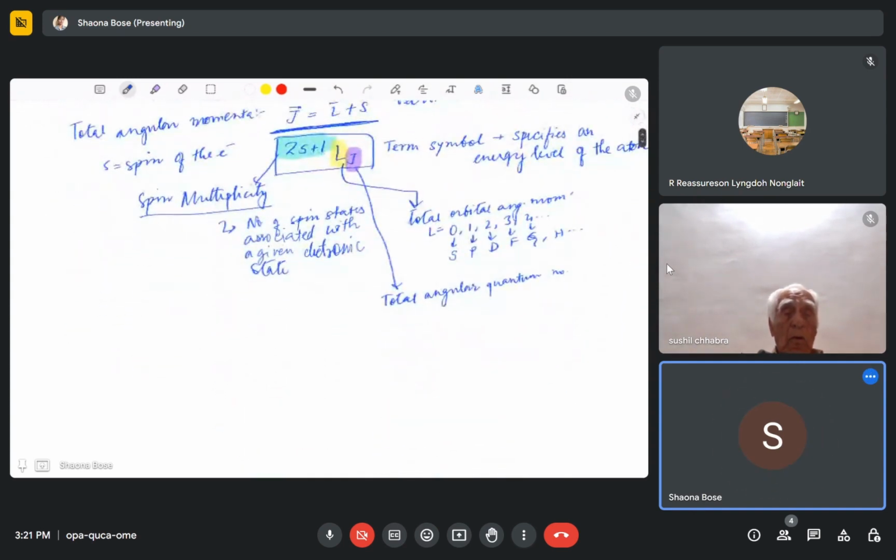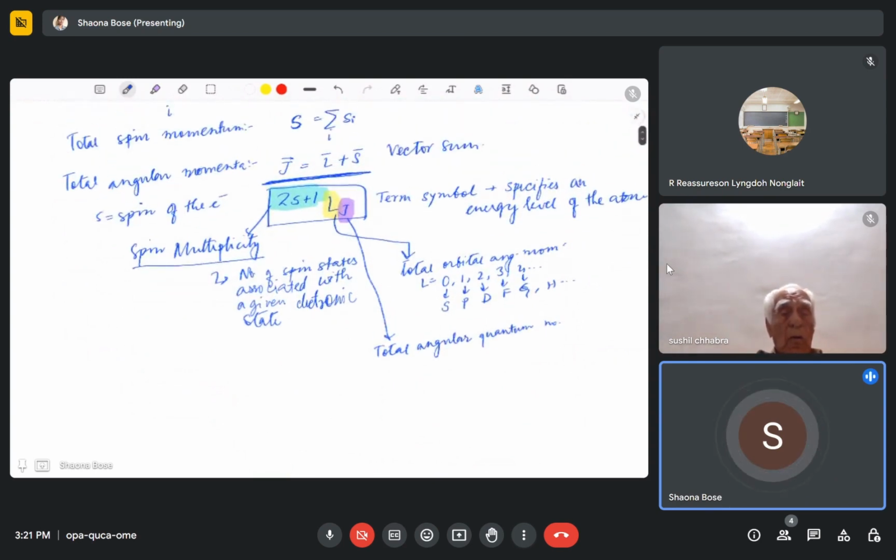So we have to write 2S plus 1, L and J. There is 1 electron in the ground state of the hydrogen atom, so S is equal to half. So 2S plus 1 will give you 2.